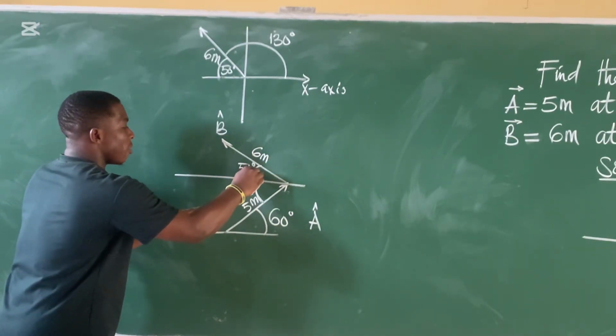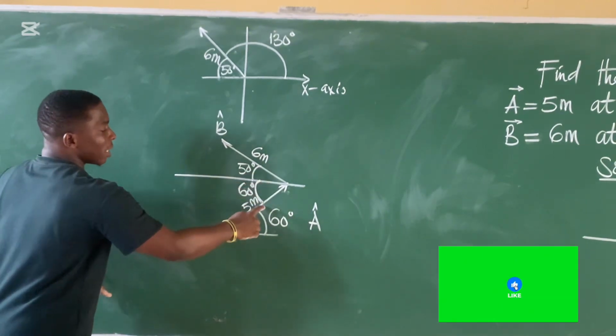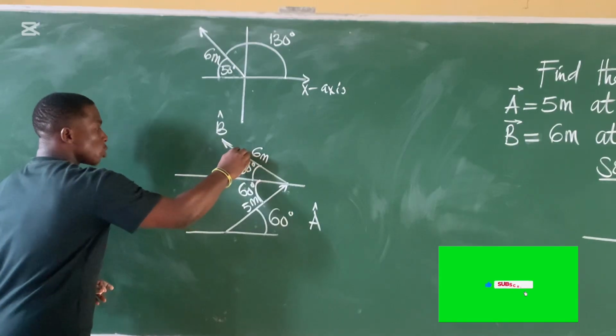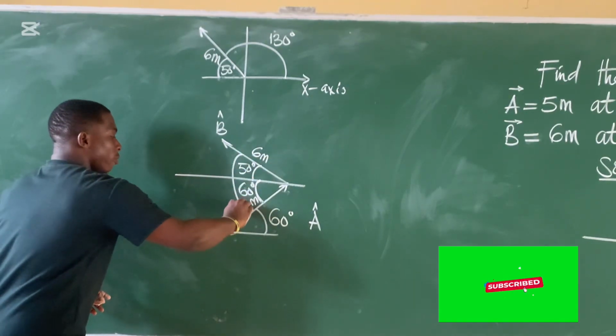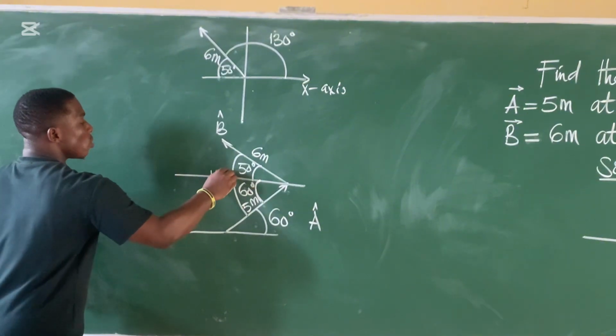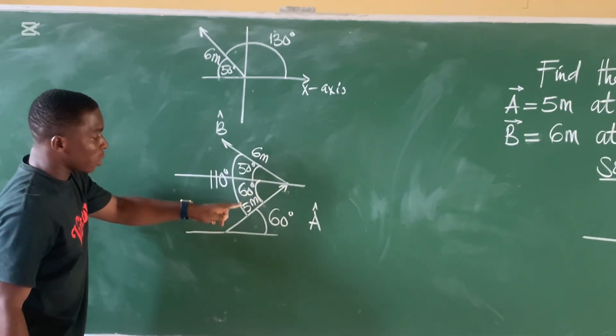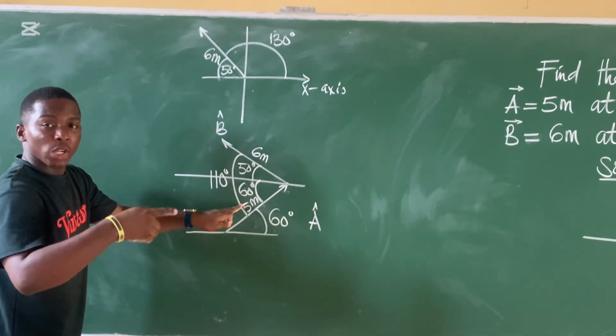From here to here for vector B is 50. So the total angle from here to here is 110 degrees. The total angle inside is 50 plus 60, which is 110.